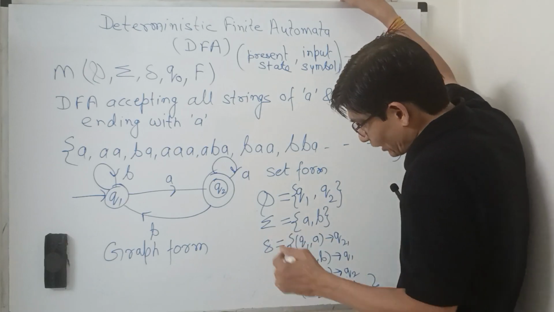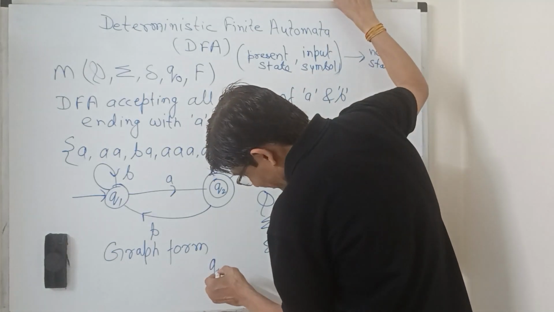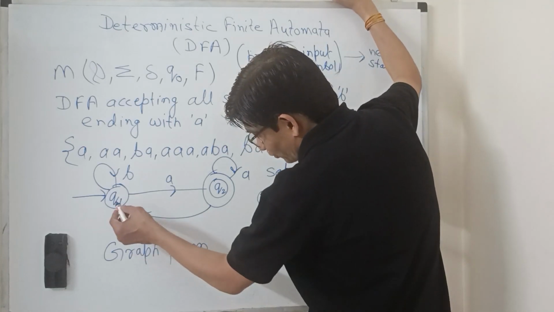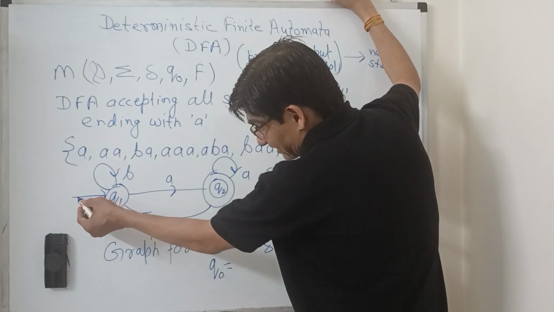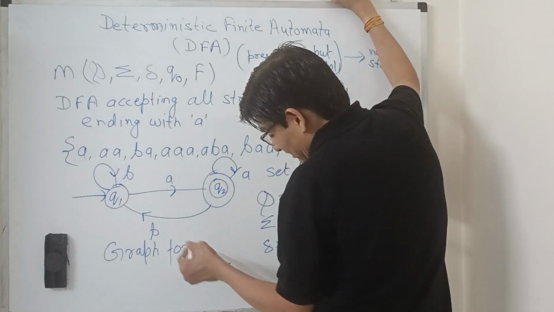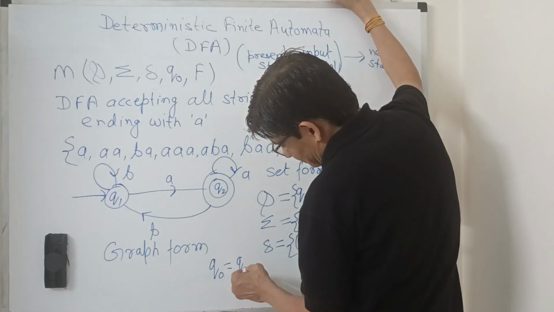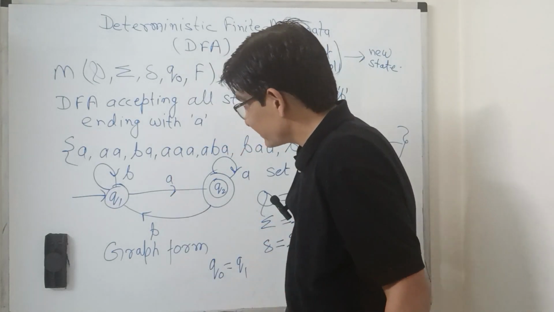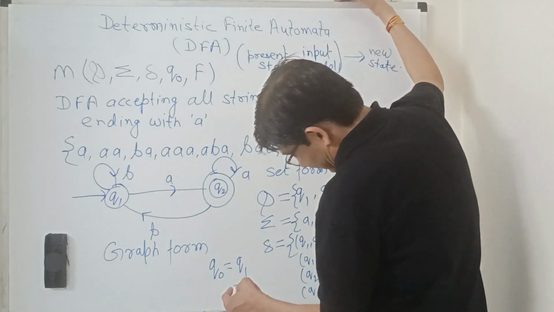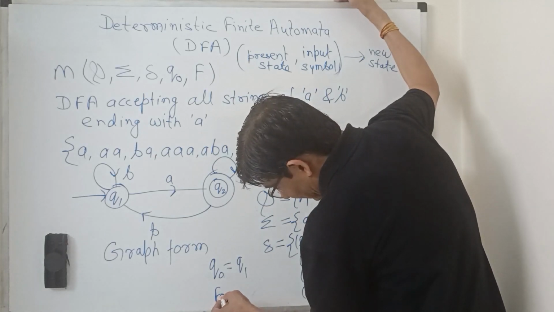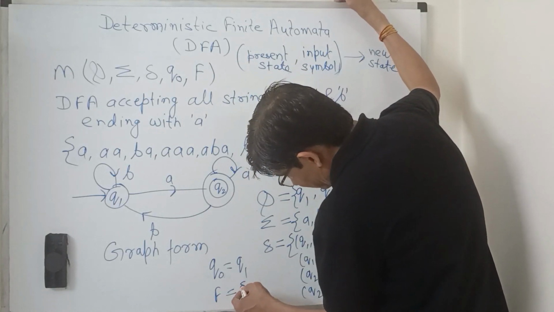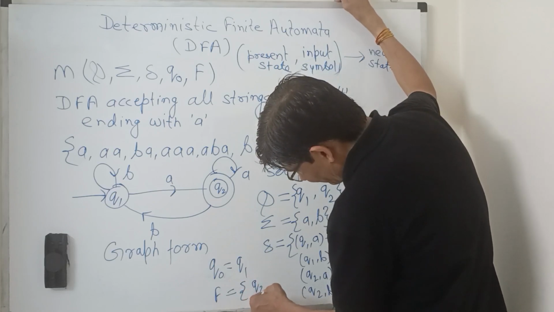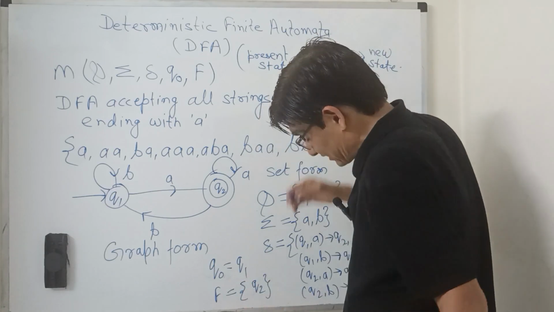Now, in place of Q0, which is the initial state, we have Q1. Q1 is the initial state that I have mentioned with this arrow. Now, the set of final states F would be Q2, because Q2 is the only final state in this machine.